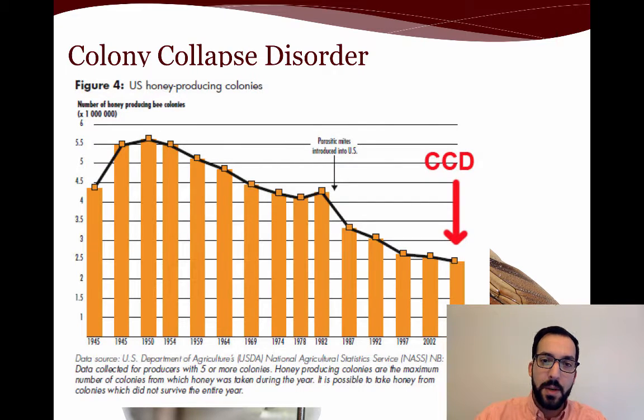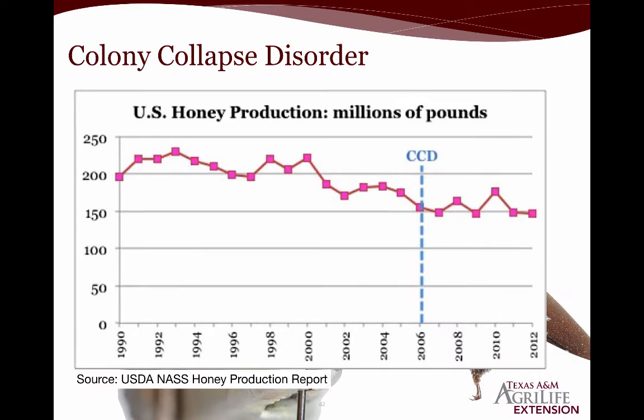So you'll notice that between 1982 and 1987, there's all of a sudden a sharp decrease in the number of honey-producing bee colonies. And then it starts to level off, even just as about when we hit colony collapse disorder. You'll also notice this nice little trend here. This is the U.S. honey production in millions of pounds.